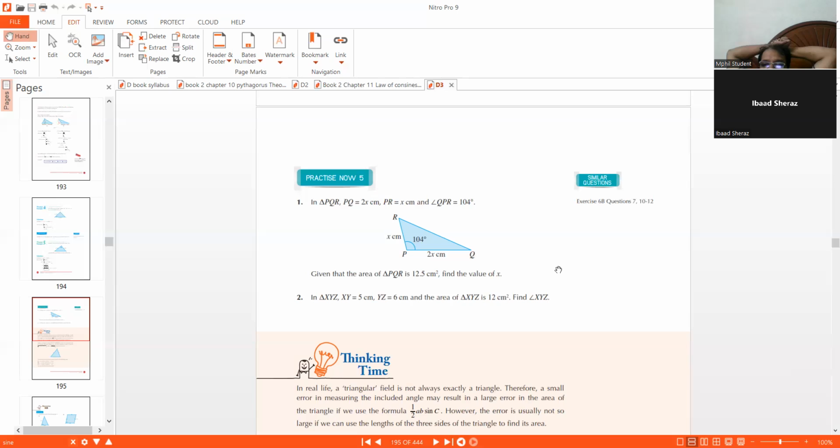Then you could divide by 15, then use sine inverse. The sine formula is sine inverse, then the bracket and then the value.